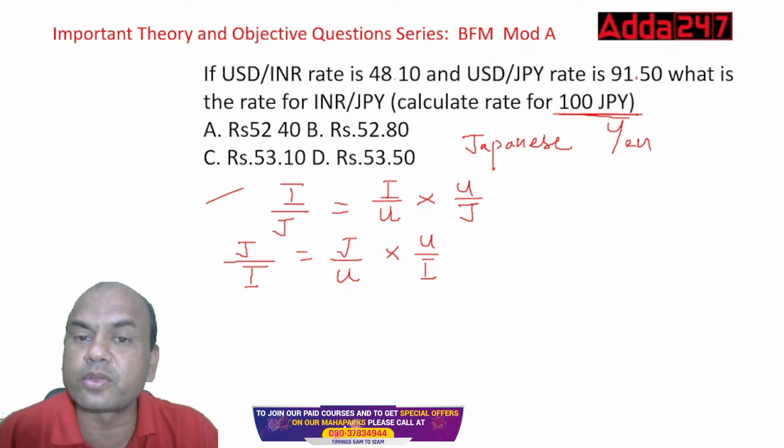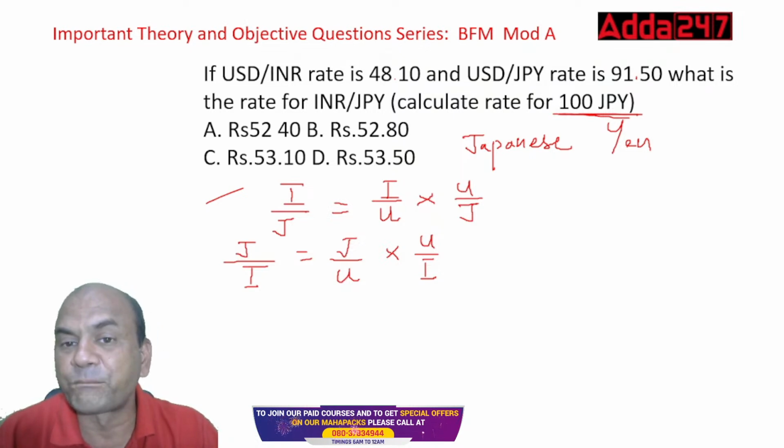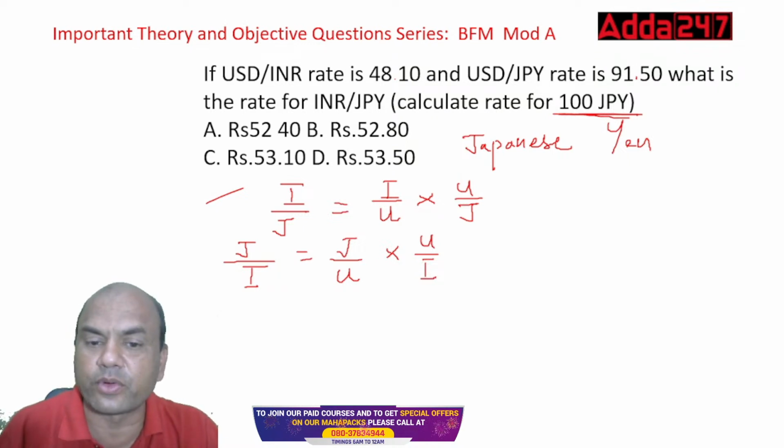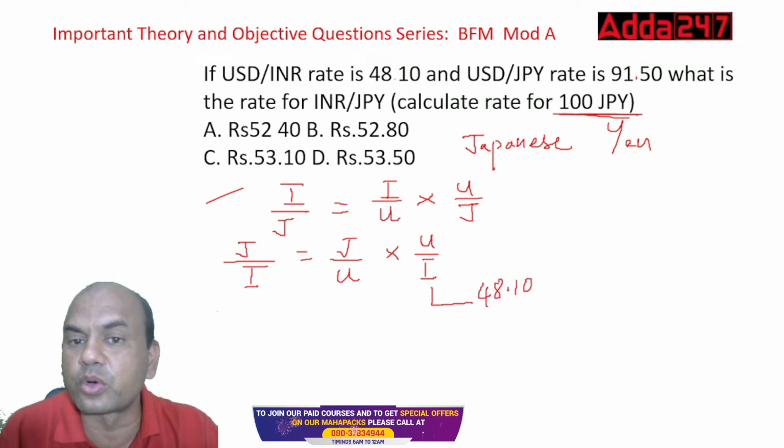So JPY to USD, what is the rate? And USD to INR, you know it. This is 48.10. JPY to USD you don't know. This 91.50 is USD to JPY.